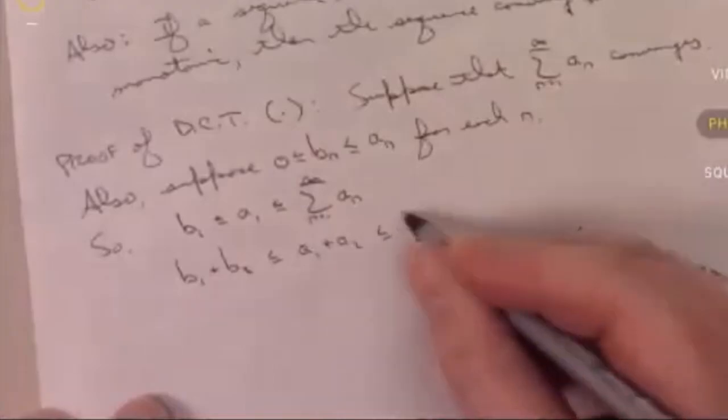Again, all these A's are positive, and so whenever I add them all together, I get something that's no smaller than A1. Well, similarly, B1 plus B2 is less than or equal to A1 plus A2, and that's going to be less than or equal to all these guys. And in fact, I could do this forever.